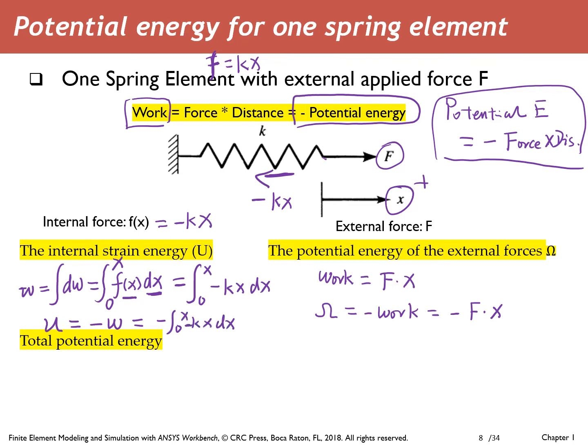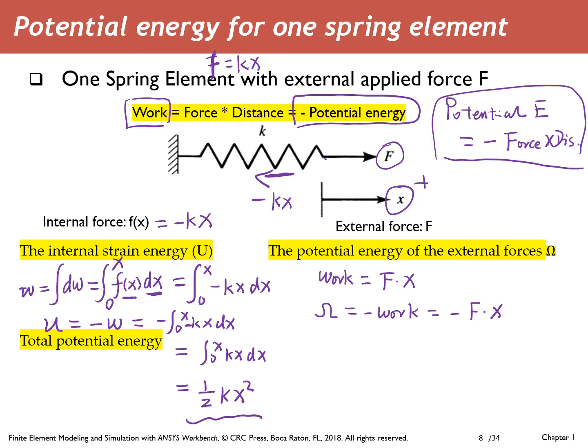The two minuses cancel each other, so it becomes positive, the integral from 0 to x of kx dx. After the integration, we have 1 over 2 kx squared. That's the well-known internal energy for a deformed spring.